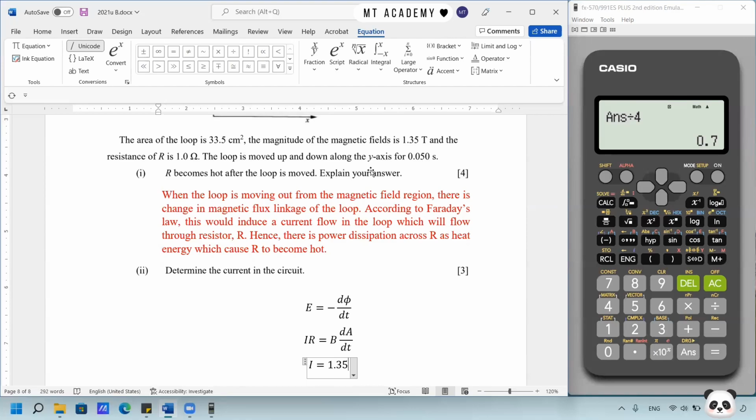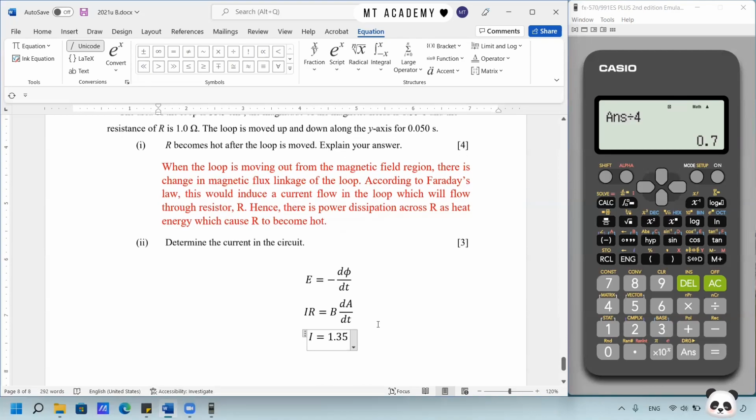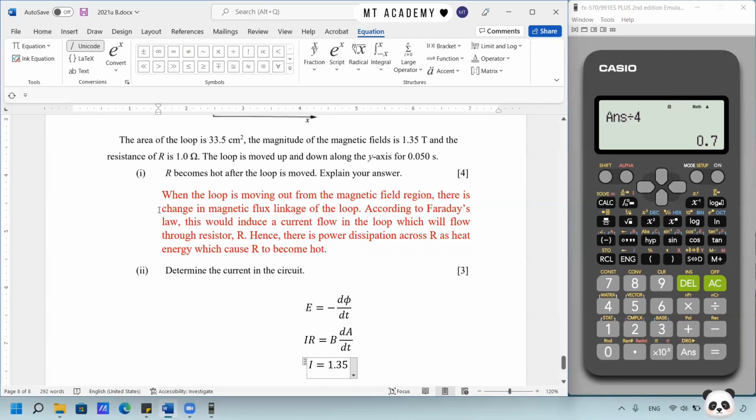But if you have other opinions on how to solve this question, you can leave them in the comment section and let me know, so we can have further discussion about it. For me, let me assume that it's moving out and in along the y-axis for 0.05 seconds. So the time here is only half of it. The area given is equal to 33.5 centimeters squared, which is times 10 to the power of negative 4, and then divided by the time.